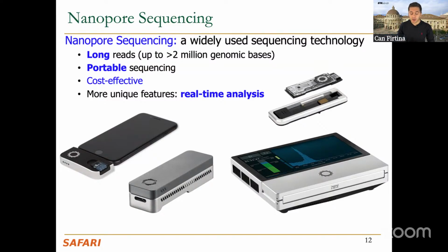We can sequence such long reads because the only limitation preventing us from sequencing even longer reads is essentially the tangling issue that the DNA poses to itself. As you go to much longer reads, the DNAs can get tangled.